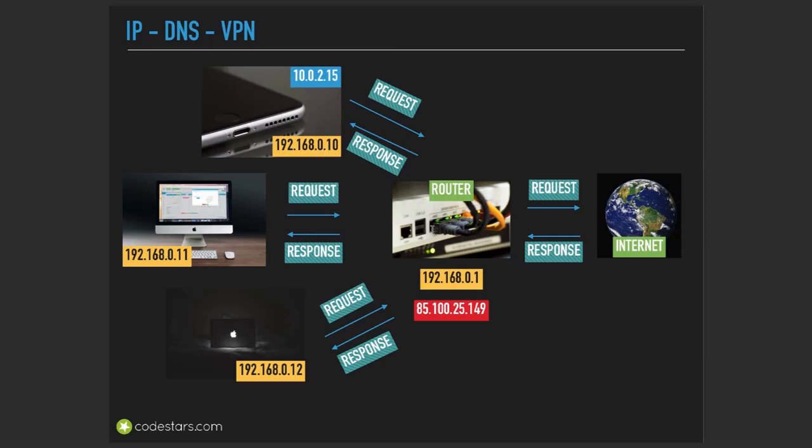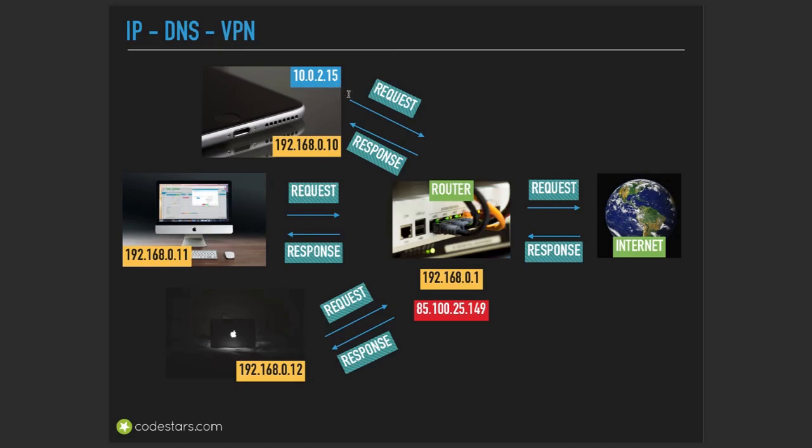And the router has its own local IP like 192.168.0.1. But if these devices are connected to the router directly, they will have 192.168, but if they are on a NAT network, like in our case, they will have an IP of 10.0.2.15.